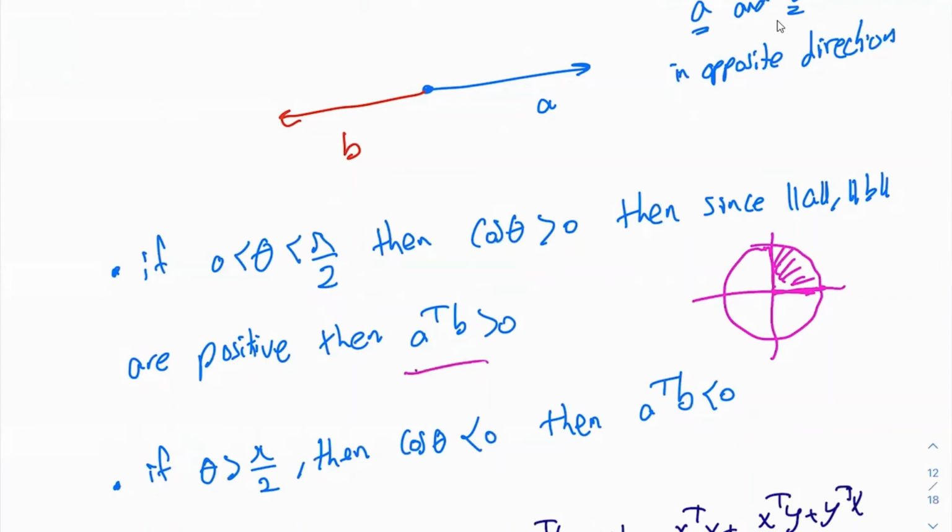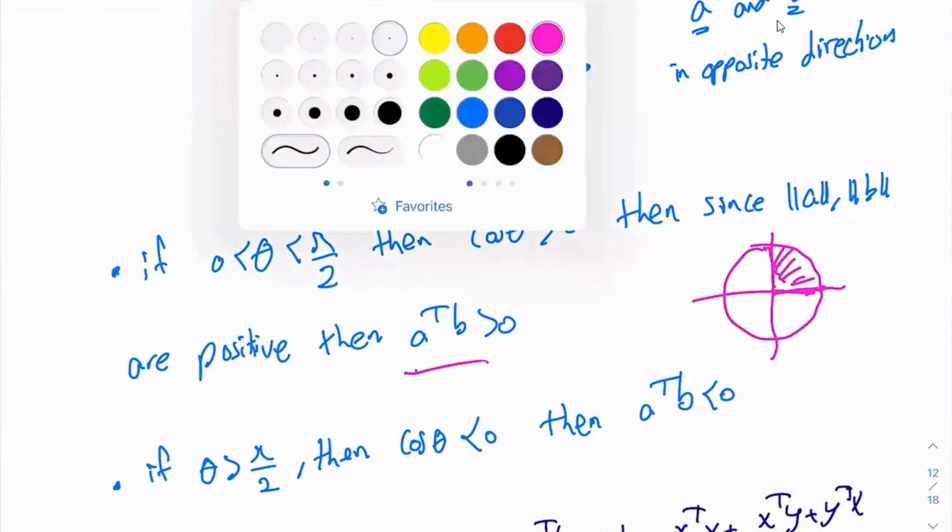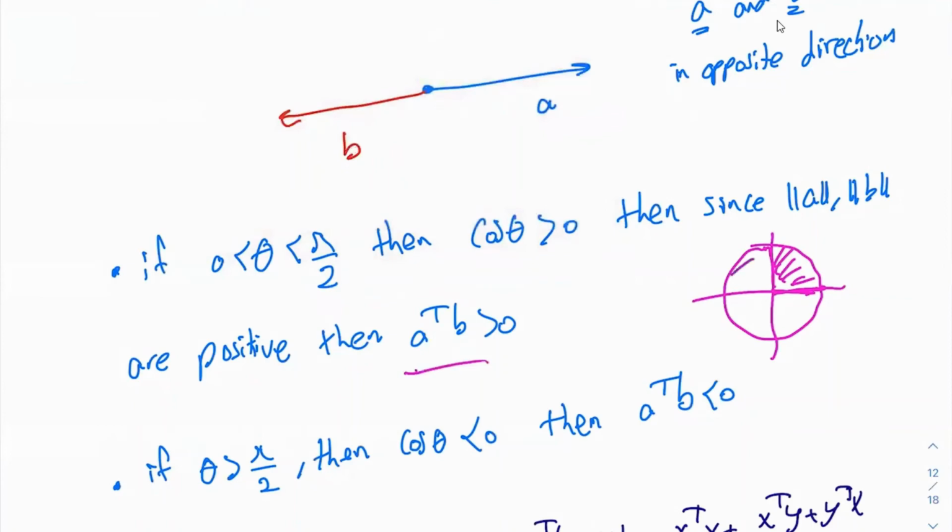Now, if theta is greater than pi over 2, we mean theta is between pi over 2 and pi, right? So here, I guess it would be better to draw another circle for that.